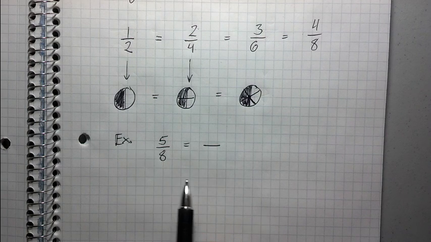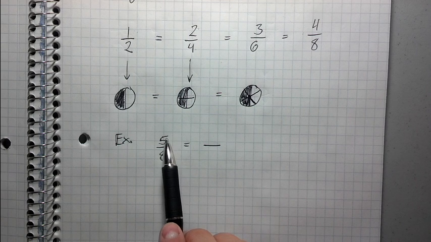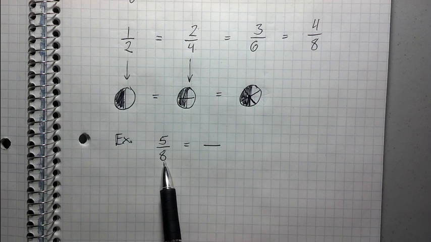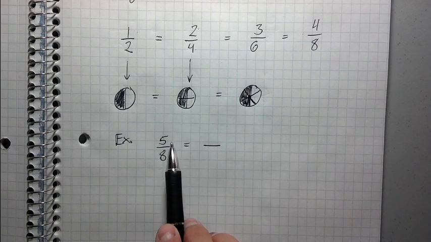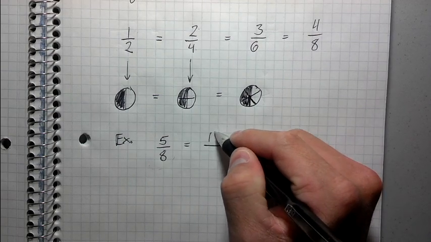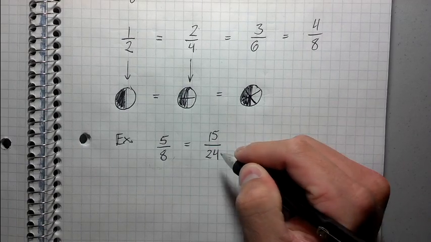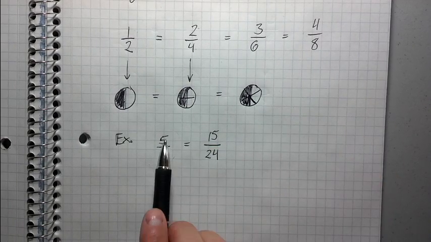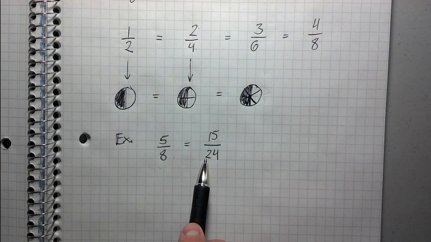Well, one really easy way to do that is to just pick a number, any number, and then multiply the top and bottom of this fraction by that same number. So how about 3? If I just pick 3, I want to scale up the top and bottom by a factor of 3. I go 3 times 5 is 15, and 3 times 8 is 24. So the fact that I multiplied the top and bottom of this fraction by the same number is why I got an equivalent fraction.